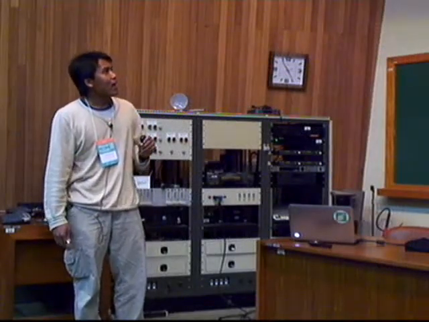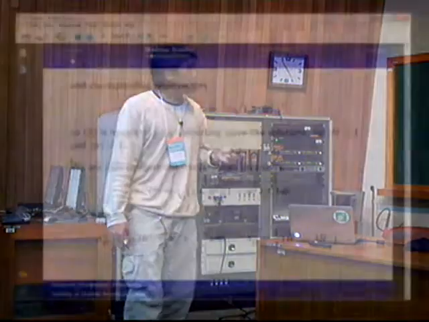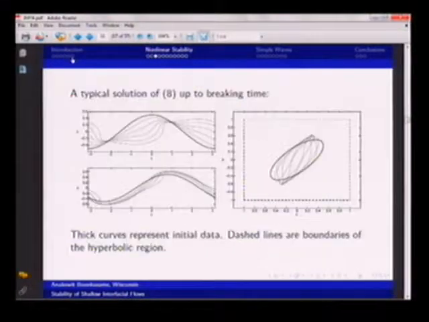Okay? All right, so let me show you a typical solution of the system 8 up to breaking time. So what do I have here? I have H as a function of x and W as a function of x. And I also show you the plot in phase plane.